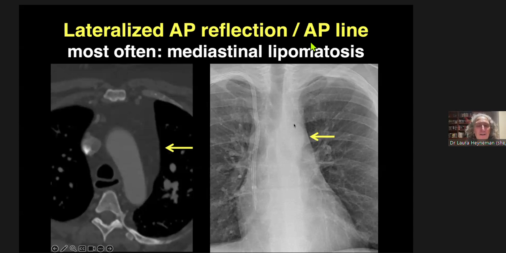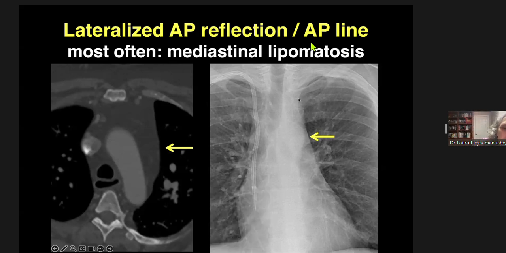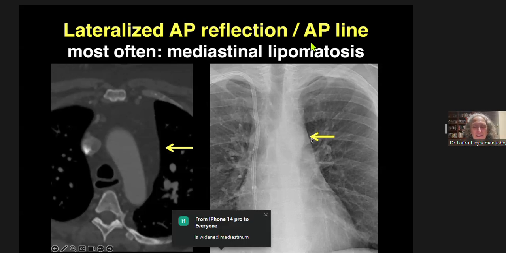If you go above the level of the sternal notch, you can have an abnormality in what I would refer to as the superior middle mediastinum, and still have a normal AP line.